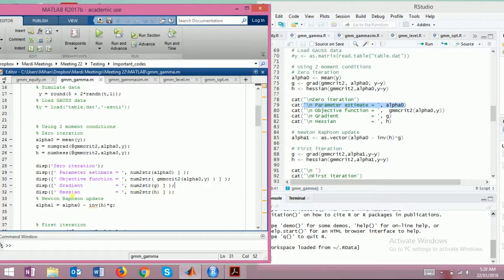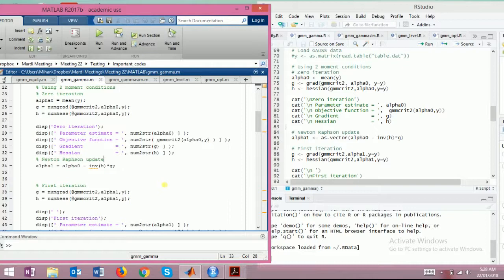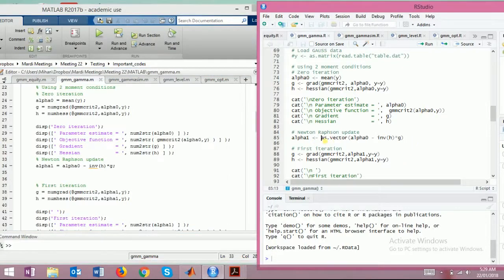So the objective function returns the function's value, gradient, and Hessian. Then we go on. After the first iteration, we do the Newton-Raphson update, where alpha 1 is alpha naught minus g by h. We represent this as a vector: alpha naught minus inverse of h times g.